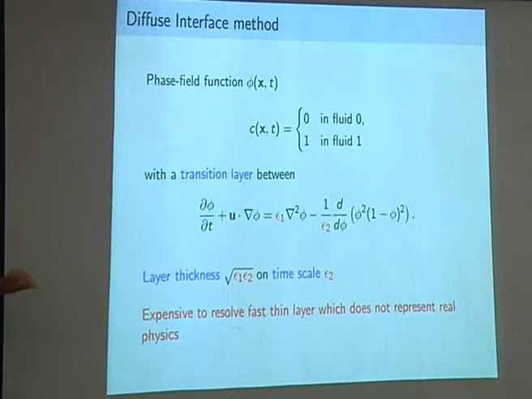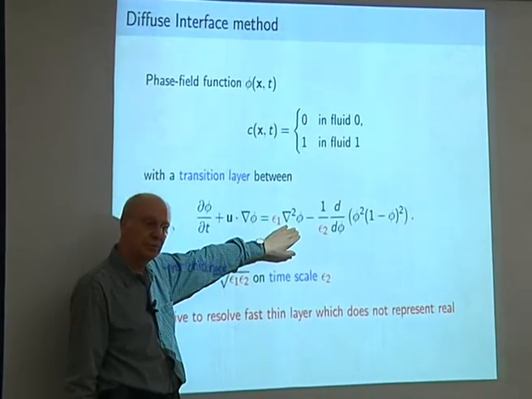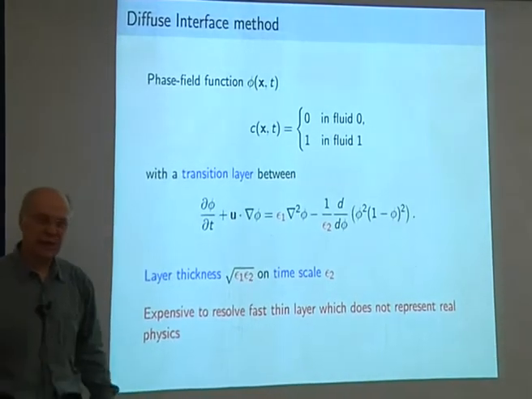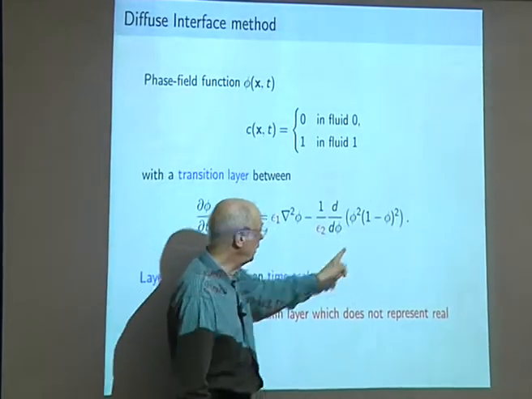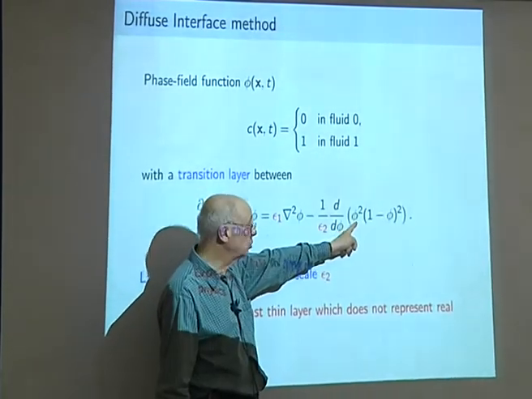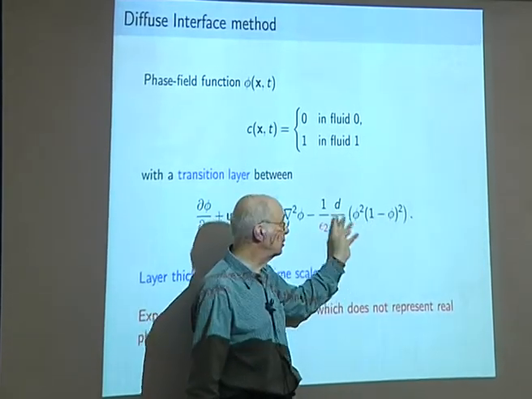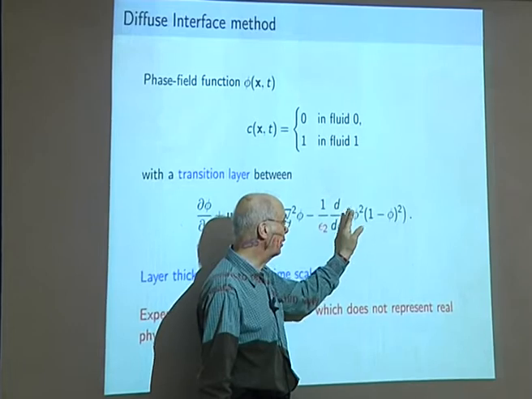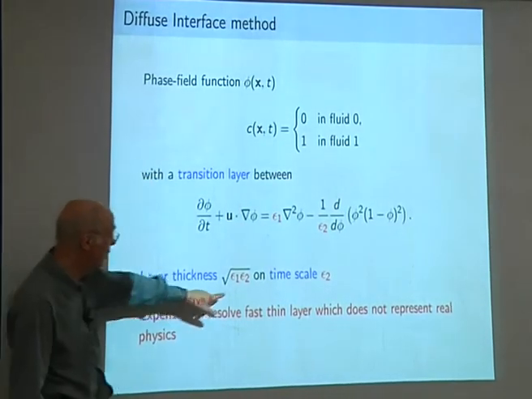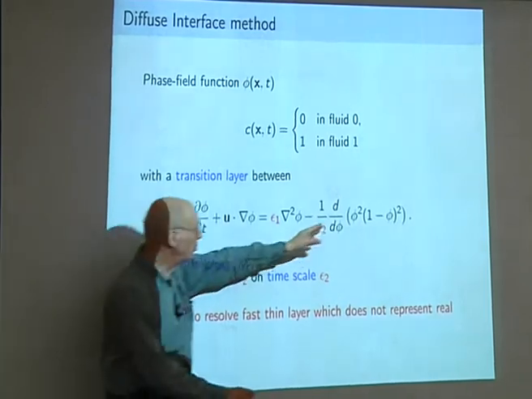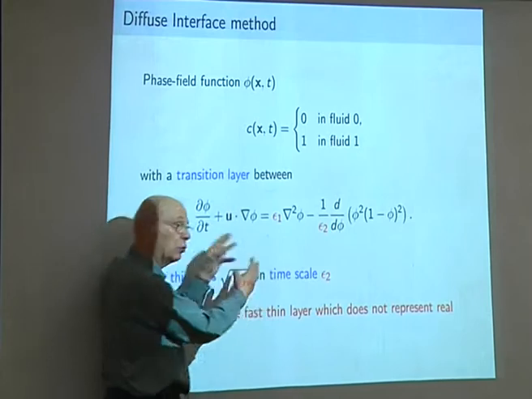And you can make a smooth transition by adding a small amount of diffusion, and then you would get rid of spurious oscillations by this term, which really forces it to go to phi equals 0 or phi equals 1, whichever is nearest. And the result of that equation is a boundary layer thickness, a competition between being driven to 0 or 1 and diffusing away from it.